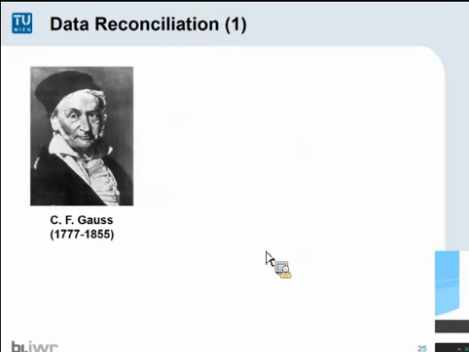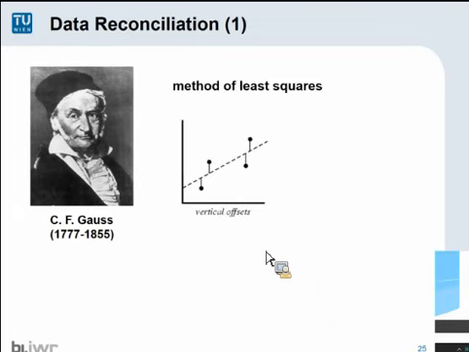Okay, now we are here. That's the most important part of my presentation. It's about data reconciliation. So what is data reconciliation about? It was also invented by Carl Friedrich Gauss, and it is based on something called the method of least squares. You might have heard about it.